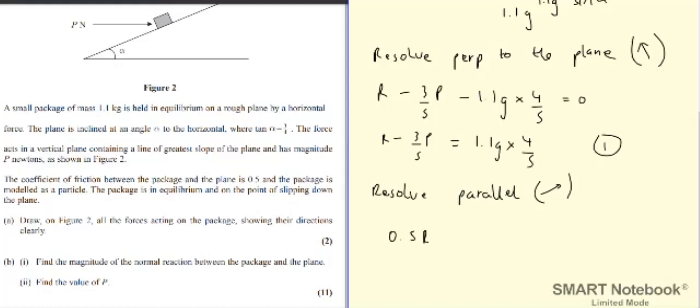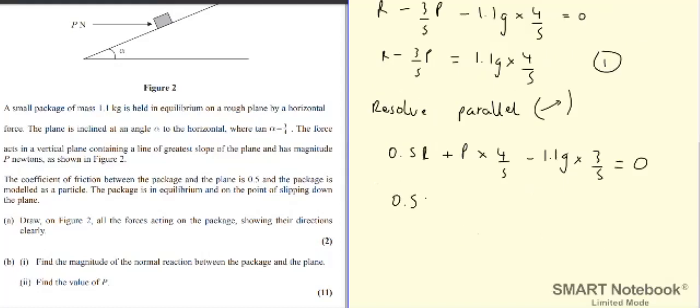We have got plus P cos alpha is positive, but we've got the component of gravity, minus 1.1 g times 3/5, equals 0. And so we can say 0.5R plus 4/5P equals 1.1 g times 3/5. Here is our equation 2.